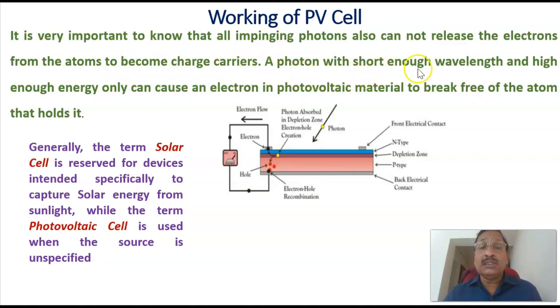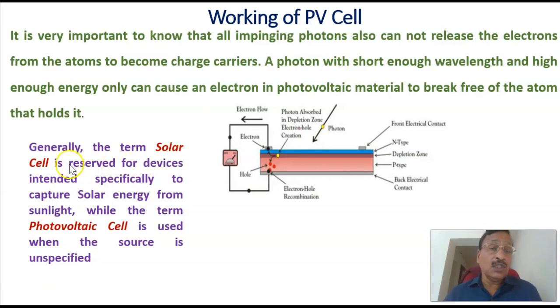A photon with a short enough wavelength and high enough energy can cause an electron in the photovoltaic material to break free. Only certain wavelengths of high energy can emit the electrons. Otherwise, the impinging photons cannot produce electrons.